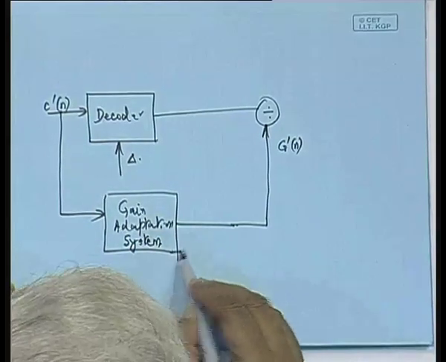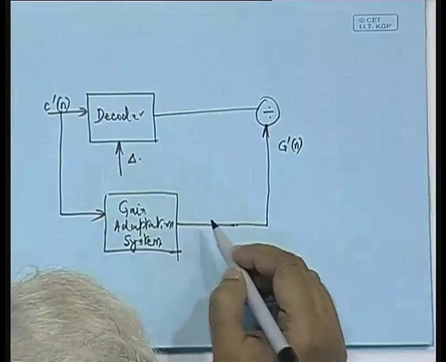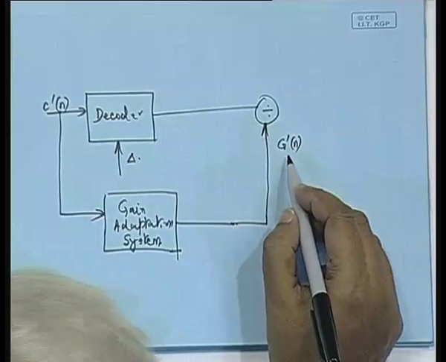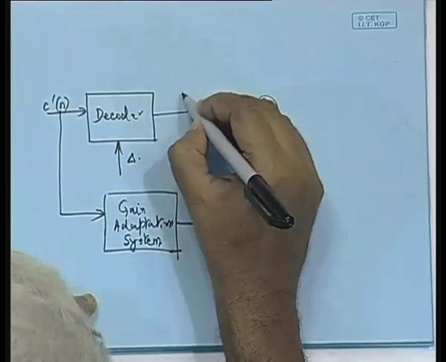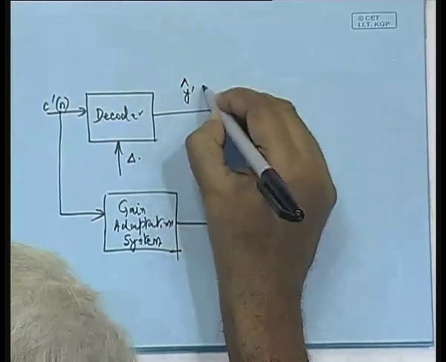C prime of n will give rise to an adapted gain which we call G prime of n, and the decoder output we will call Y prime of n.